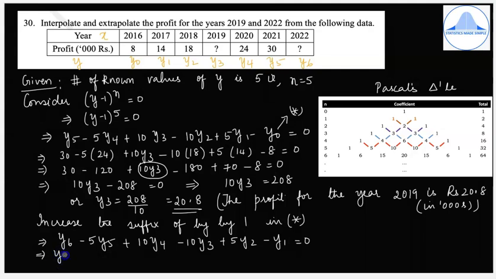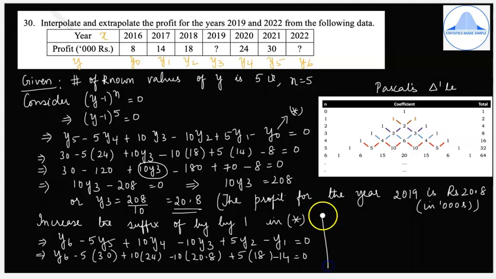So which implies y6 minus 5 into 30 plus 10 into 24 minus 10 into 20.8 plus 5 into 18 minus 14 is equal to 0. So simplifying, you will get y6 minus 150 plus 240 minus 208 plus 90 minus 14 is equal to 0.